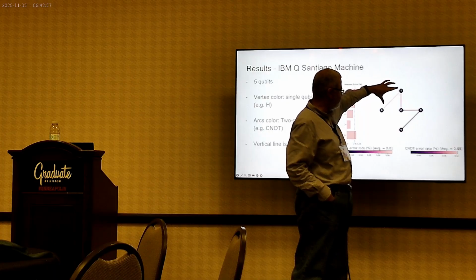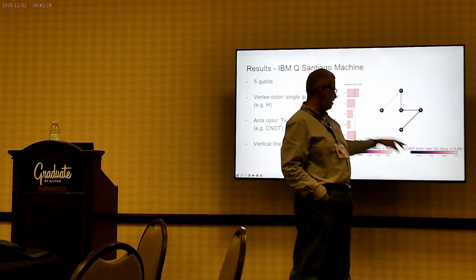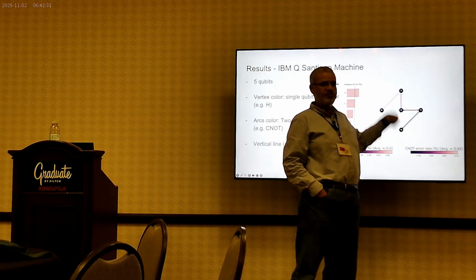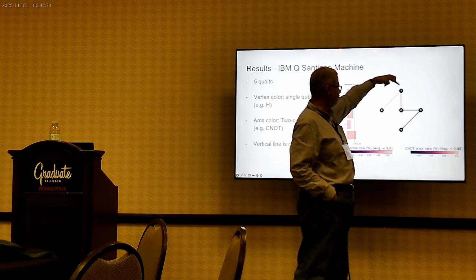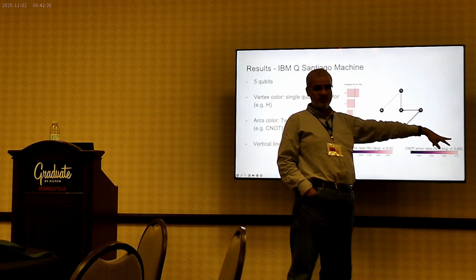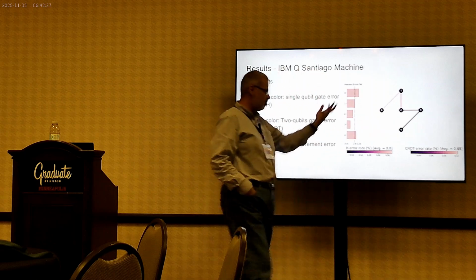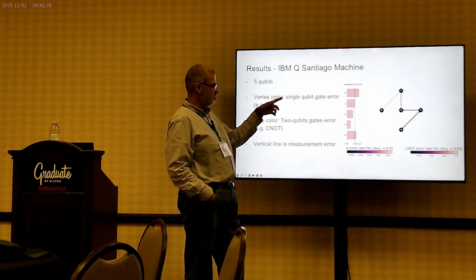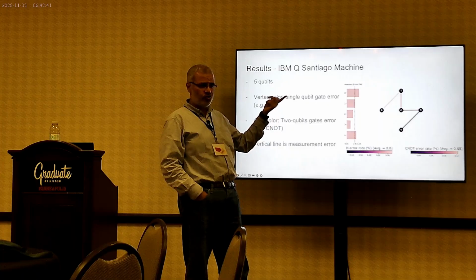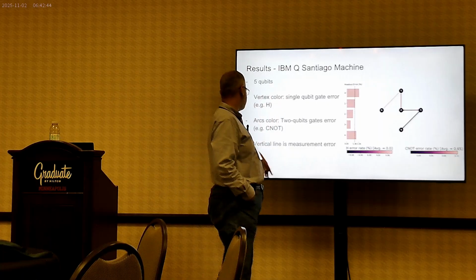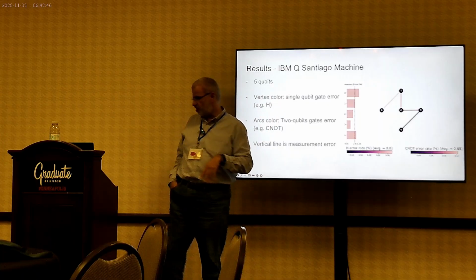The color of the edge represents the 2-qubit gate error, like the C naught gate. So if you perform a C naught operation involving these 2 qubits, this is the error you can get. This is coming from the real machine, and in the simulator, you can also simulate the error in the computation. So it's very useful in this regard.